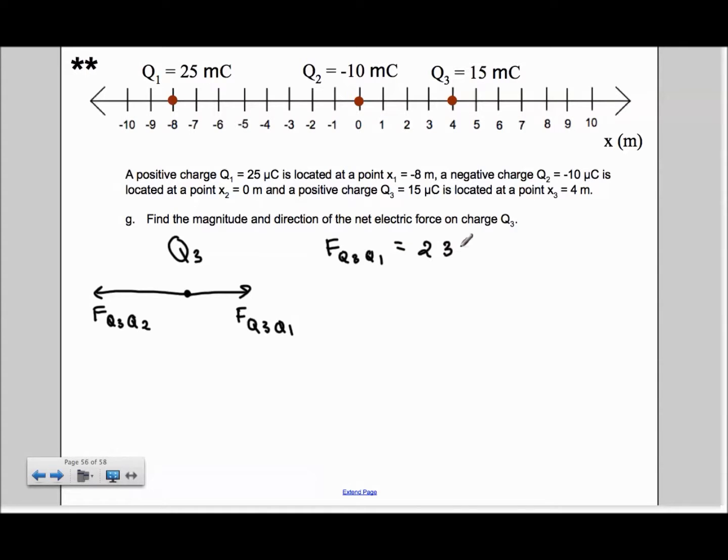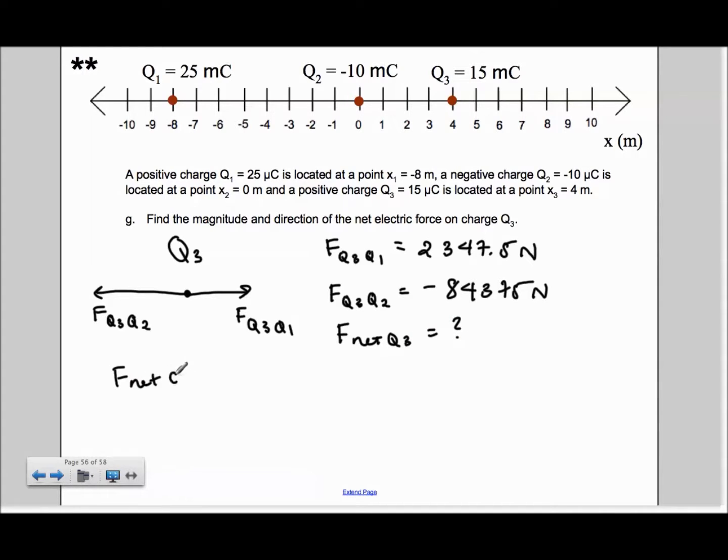So we know that the force on Q3 due to Q1 is equal to 23,437.5 newtons, while the force on Q3 due to Q2 is equal to negative 84,375 newtons. Again, remember it is negative because it's going in the opposite direction.